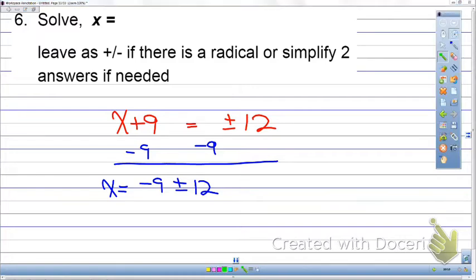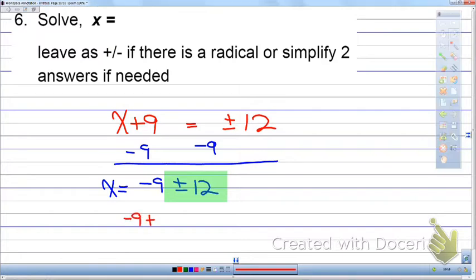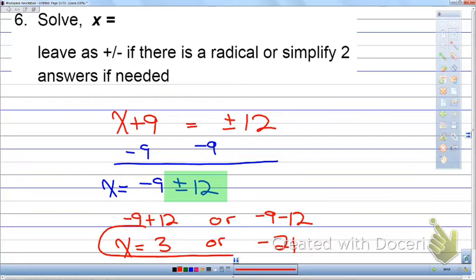Since 12 is a normal number that we know what it is, it's not a radical, it's not imaginary, we're going to finish this problem by making two answers. Negative 9 plus 12 or negative 9 minus 12. That will give us x equals 3 or x will equal negative 21. Two solutions.